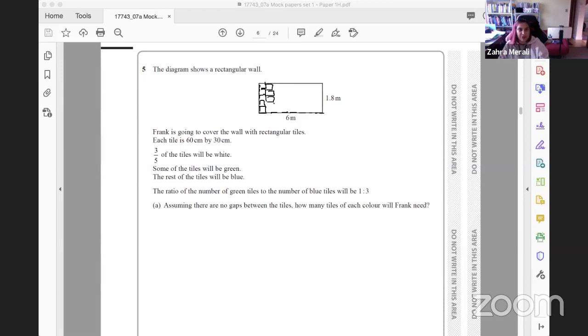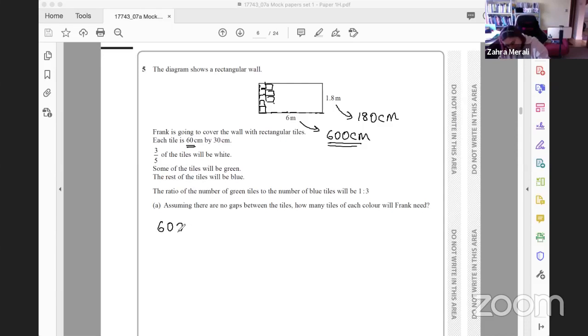So first of all, I'm going to move everything into the same units. 1.8 meters is going to be the same as 180 centimeters, and 6 meters is 600 centimeters. Now, hopefully you can see that's going to make your sums easy, because if we assume the 60s are along the bottom and the 180s are along the top, let's find out how many tiles we're going to need.